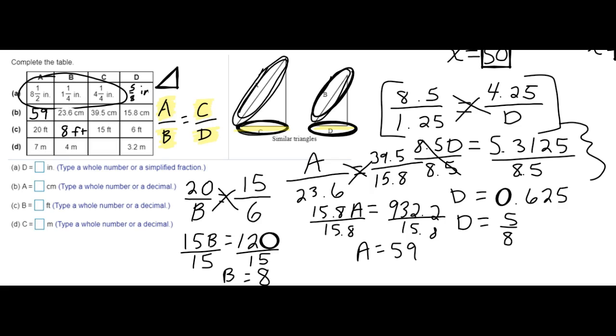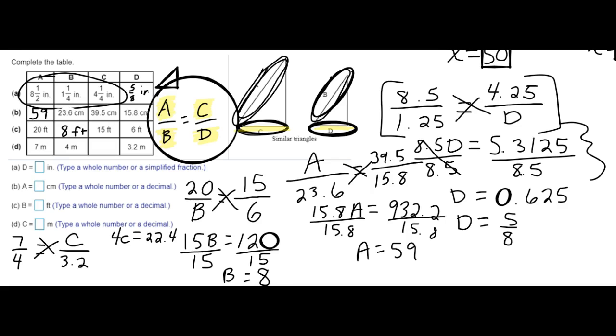And then for the final question, we're still going to use the formula: 7 over 4 equals, we don't know C, over 3.2, which is B. Then we just cross multiply. 4 times C is 4C. 7 times 3.2, my calculator tells me, is 22.4.